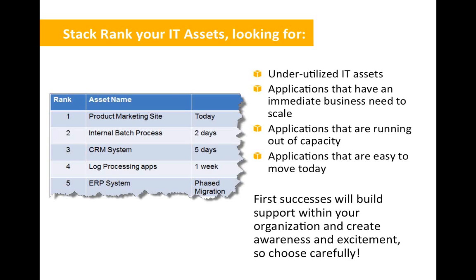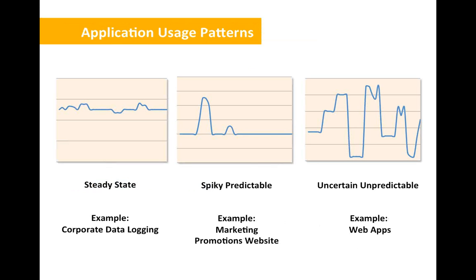Let's talk a little bit about usage patterns in applications, because not all applications are created equal. I've got 3 examples up on your screen at the moment. The first one is what I would call a steady state usage pattern. Examples of that might be data logging. These are steady state, not a lot of variety in terms of processing requirements.